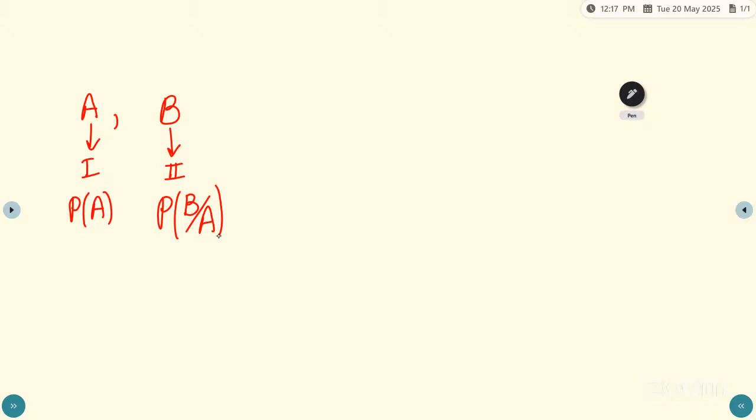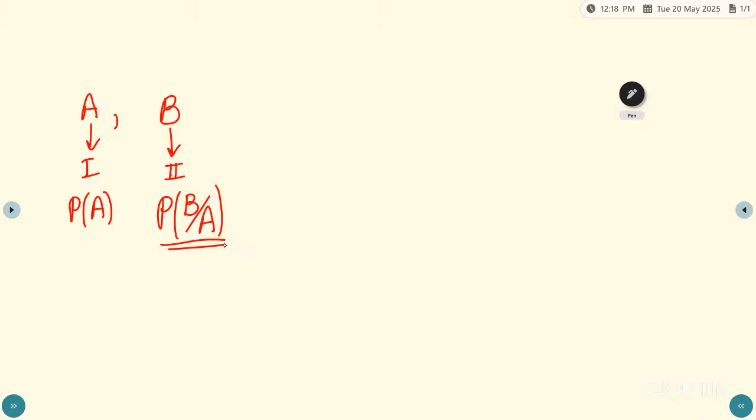So P of B given A means B occurred as a result of the second trial, and before that A must have occurred with its happening probability P of A. Here A affects B, or B is affected by A, B depends on A. So we call this conditional probability.